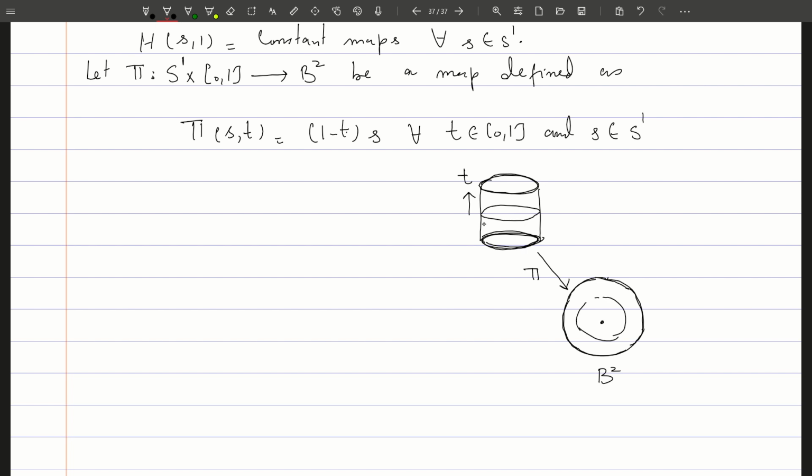This means this pi collapses this circle to the point 0. This here is S1 cross 1. This is S1 cross t naught. Suppose this is at time t equal to t naught. Suppose b naught is here, pi of b naught.